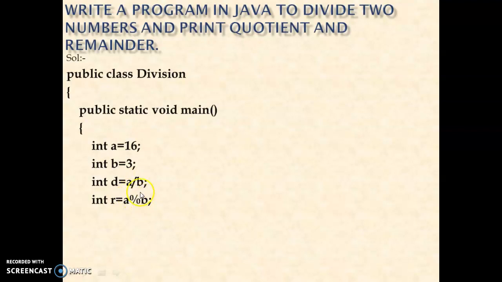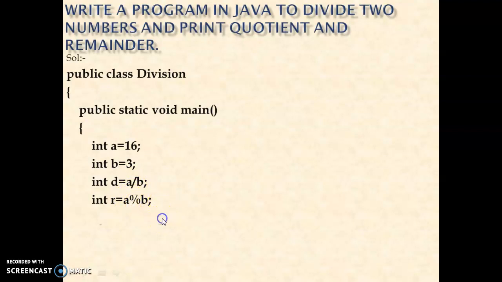From using this operator we get the quotient, and from using this operator we get the remainder. So if you want to find out the division, that means the quotient, then use one slash, and if you want to find out the remainder, then instead of this you just use this percent sign.